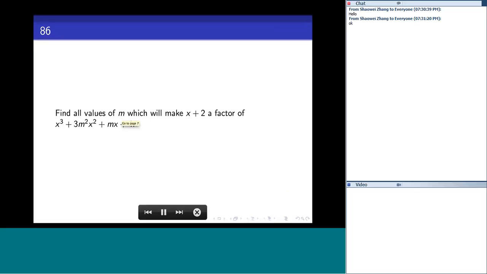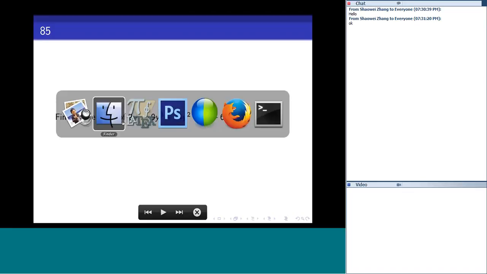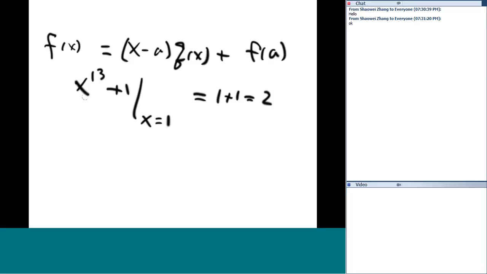What's happening? Okay, so that one you only need to test. So Skylar is saying you have 3 and negative 3 over 2. As long as you get those two, then the next should be something square root of something.